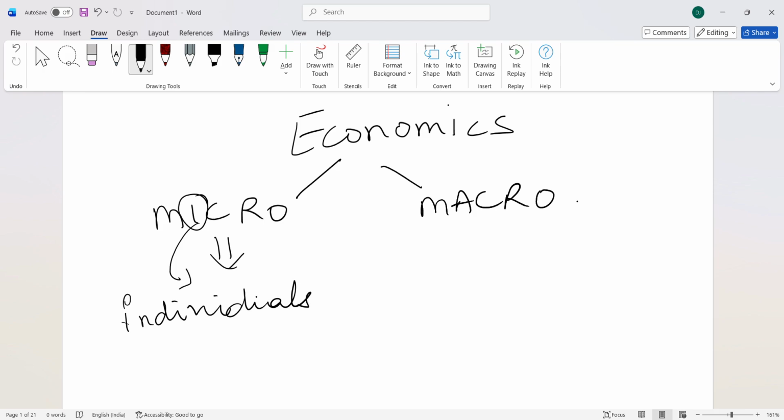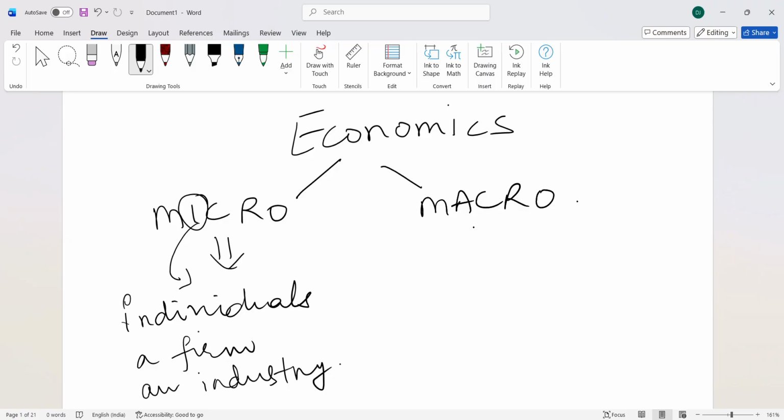So whenever we study about individuals, whenever we study about a firm, when we study about an industry, when we study at the grassroots level, that's where we are studying microeconomics. We are studying basically the behavior of individual firms, individual consumers, individual industries, and how the prices are determined through the demand and supply forces. All those things are your microeconomics.